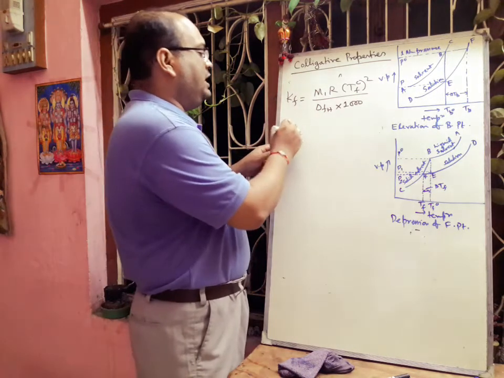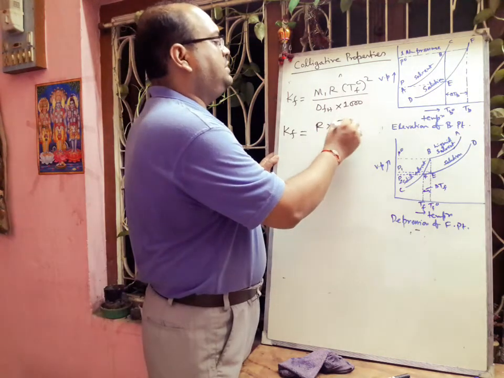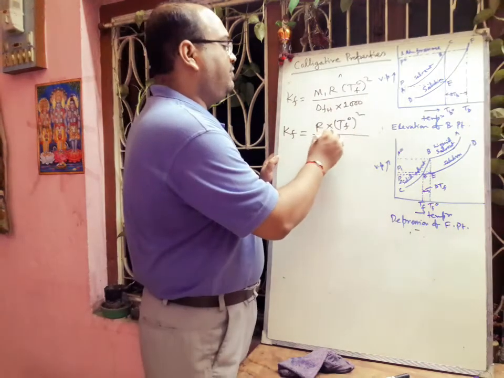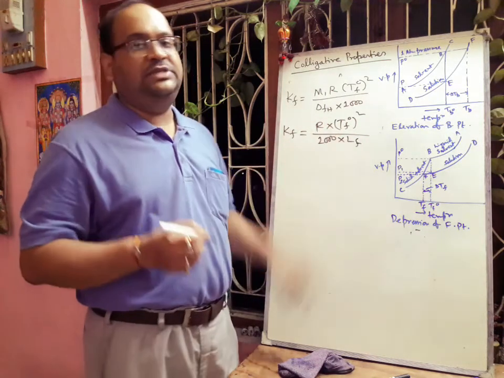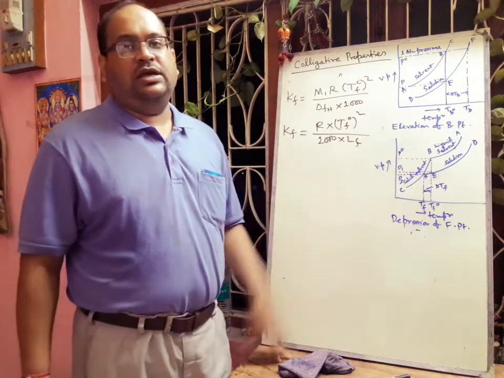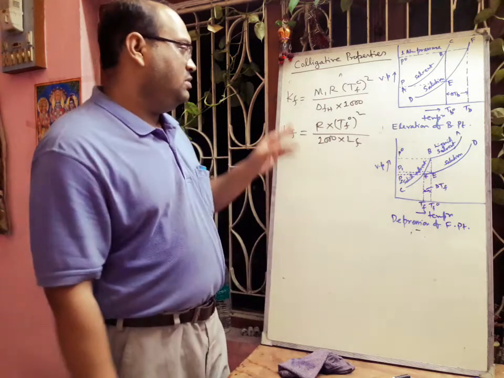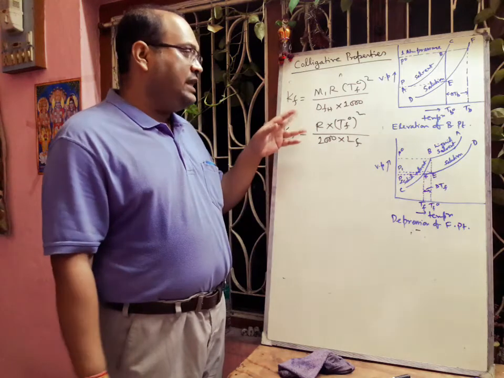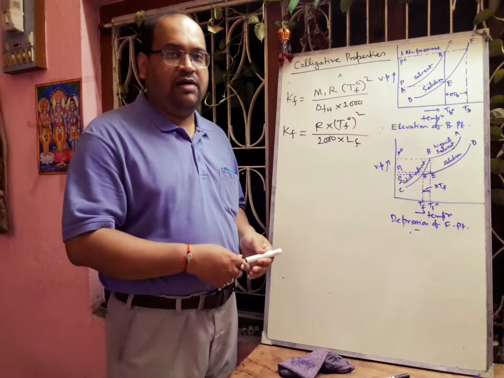Another relation: Kf is equal to R into TF0 square divided by 1000 into LF. Here R is the gas constant, TF0 is the freezing point of the solvent, and LF is the latent heat of fusion of pure solvent per gram. Hope you can remember these relations. Numericals may be given in the exam, so you have to understand and remember this properly.